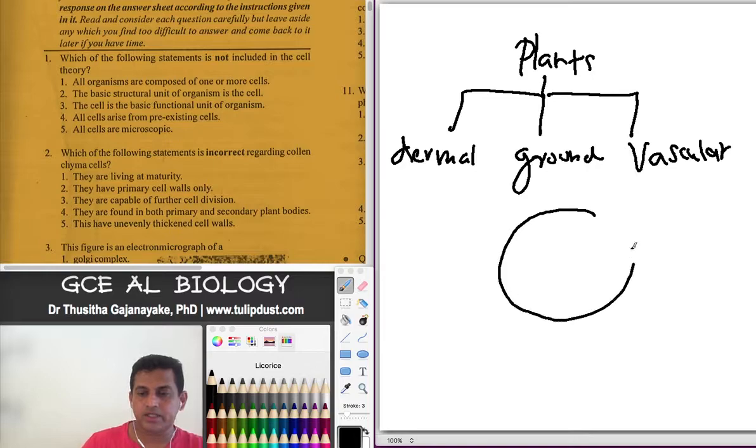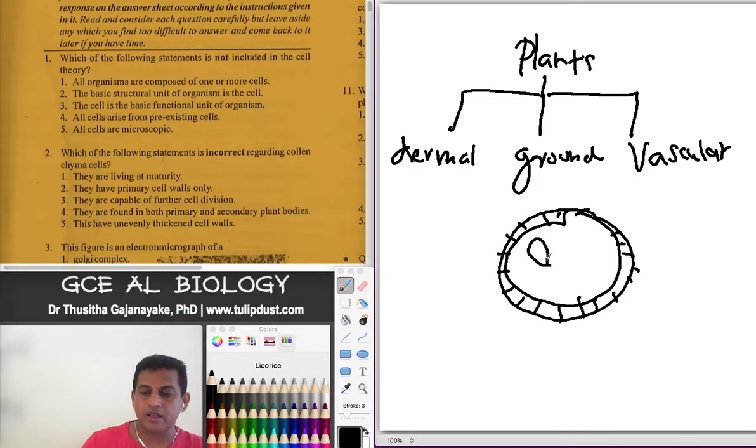For example, like this, the outer layer I can call dermal tissue. These are basically the vascular tissues, xylem and phloem, and the rest in the middle here is the ground tissue.